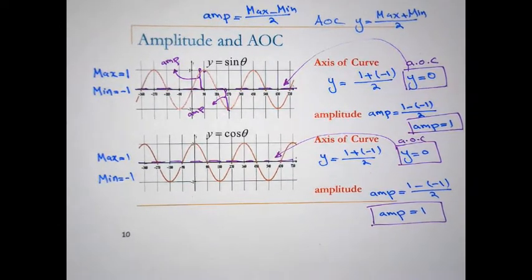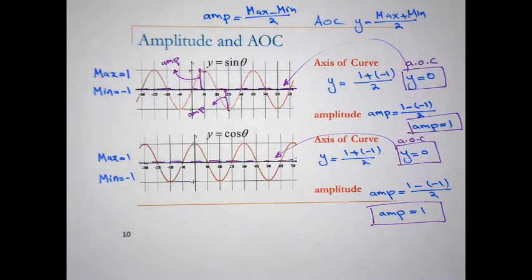So for our basic sine and cosine values, we know that axis of curve is y equals 0, amplitude is 1, and the period is 360 degrees.